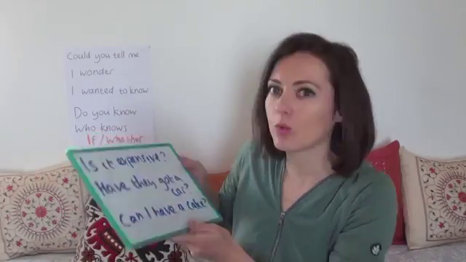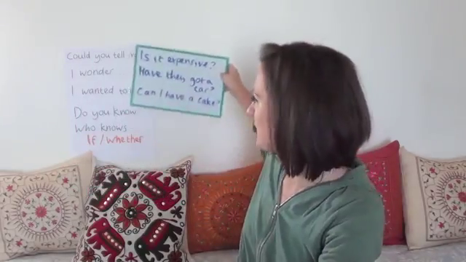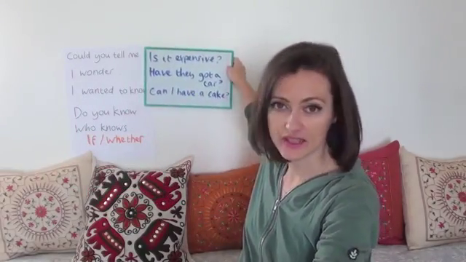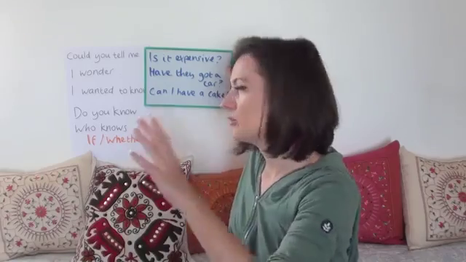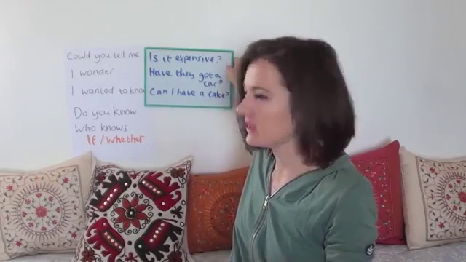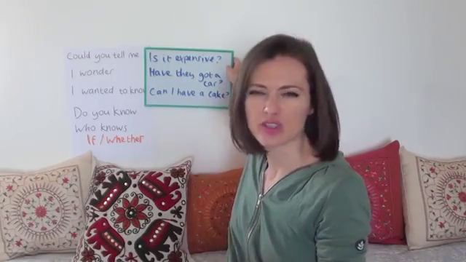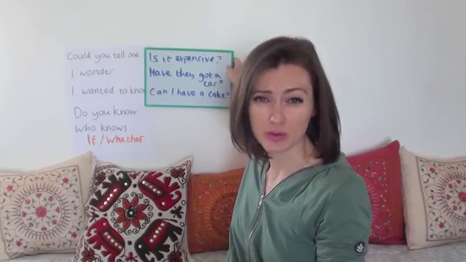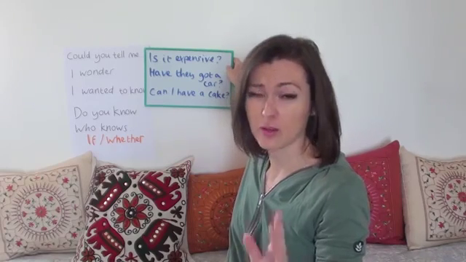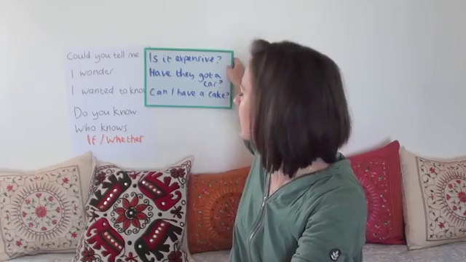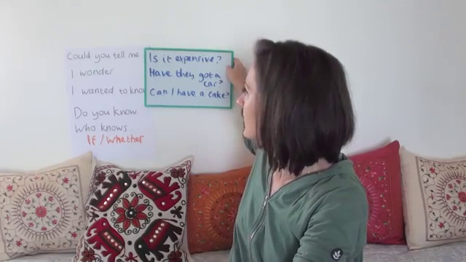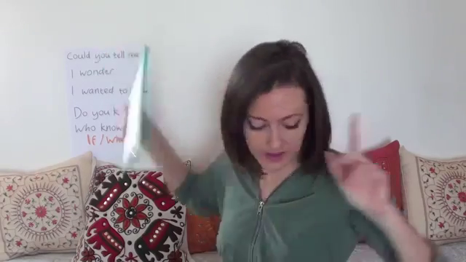So then we put all the pieces together using if or whether. If or whether basically mean the same thing. Whether is a little bit more British English, I would say, or possibly more British English plus more formal. Could you tell me whether it is expensive? Aha.